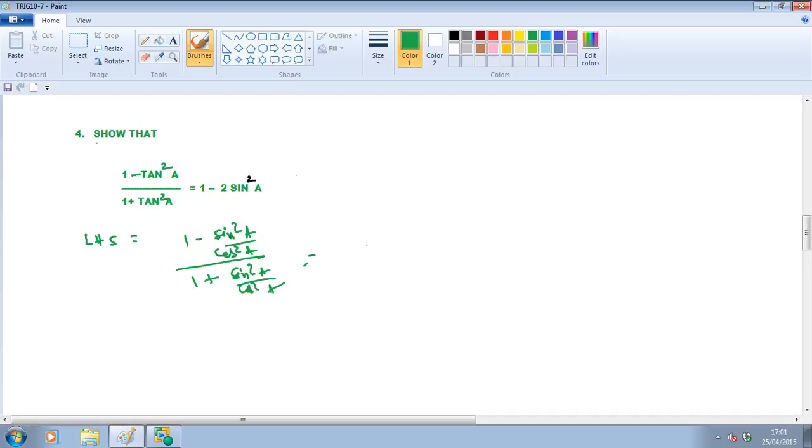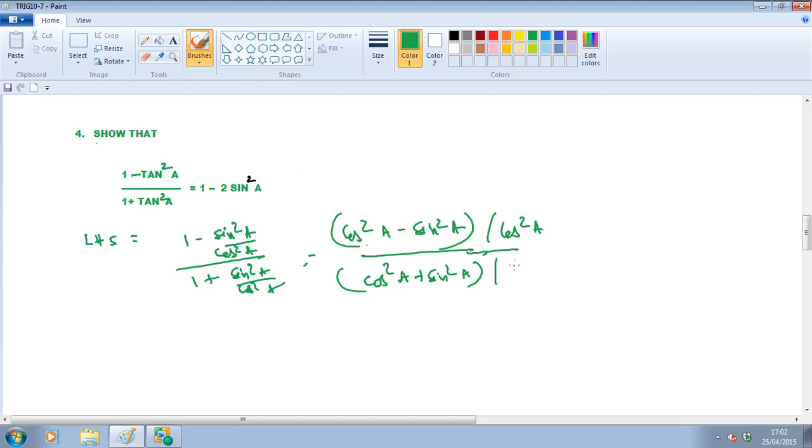You will get cos square A minus sin square A in the numerator, divided by cos square A, and in the denominator cos square A plus sin square A divided by cos square A. Both the cos square A denominators will get cancelled. This cos square plus sin square becomes 1.